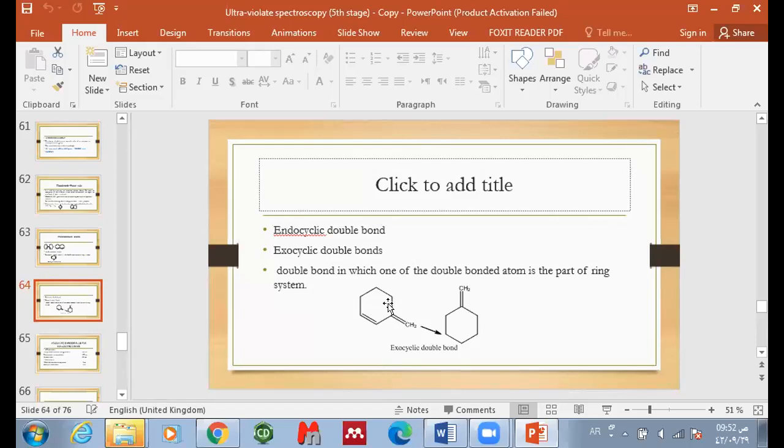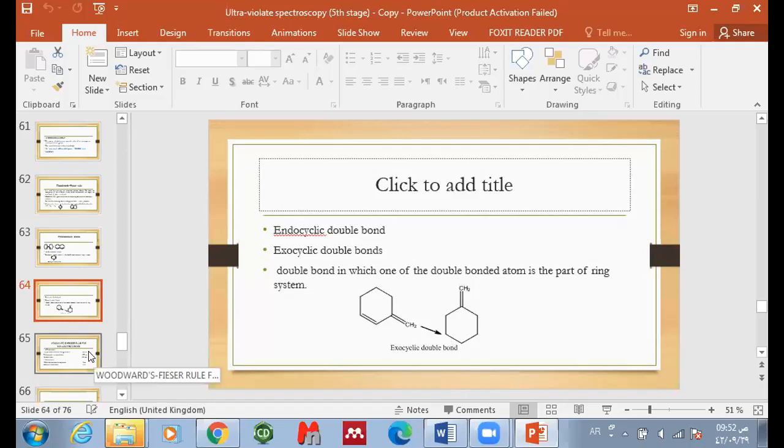And if the double bond is outside the ring, it is called an exocyclic double bond. This one is exocyclic, because it is outside the ring.